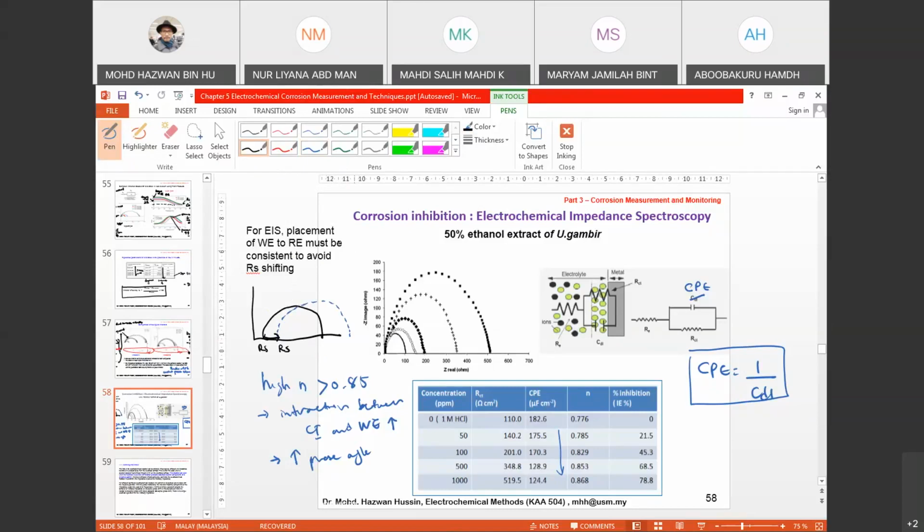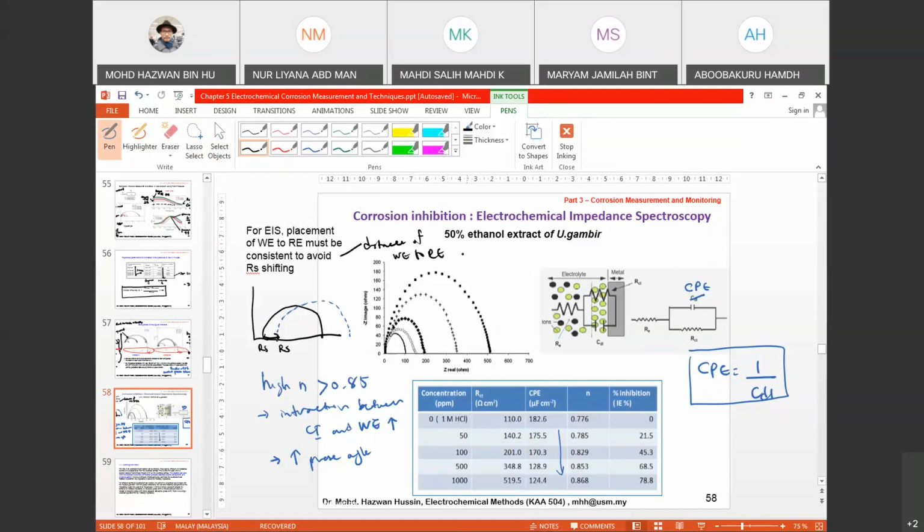As I said, this is because the placement of the working electrode and the reference electrode is not consistent. So whenever you do the electrochemical impedance measurement, you have to make sure that the distance of WE to RE must be consistent.